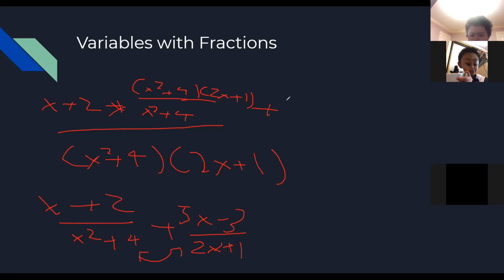And we do the same to 5x minus 3, which simplifies down to x squared plus 4.